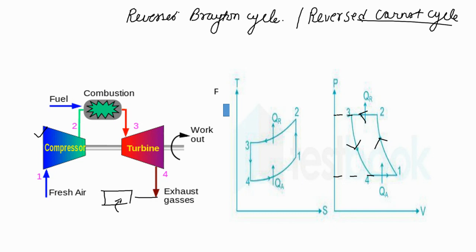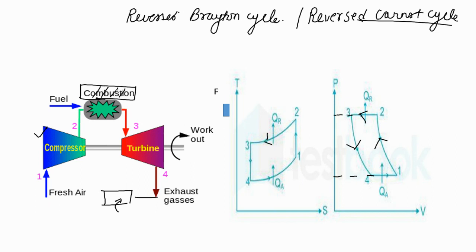Just wait, let me check one thing. Actually, I think combustion is not there. What actually happens from 2 to 3 is that the temperature is dropping, so this is not combustion.